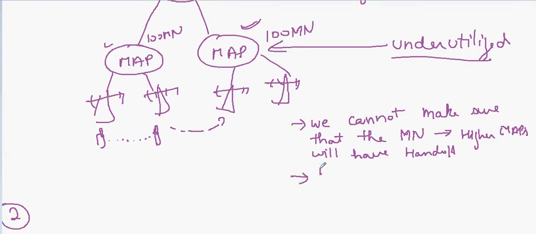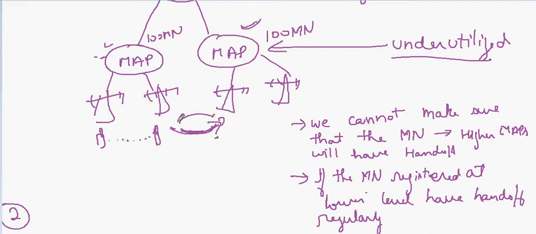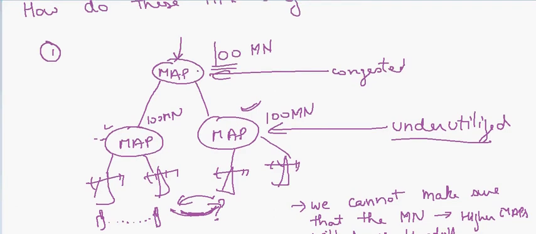And the problem is, if the mobile nodes registered at a lower level have handoffs regularly, if the mobile nodes registered here have the handoff always coming to this side and then back, then there will be a problem.